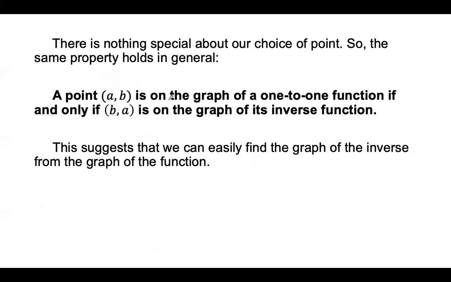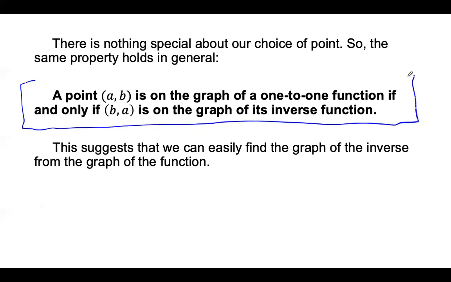A point a, b is on the graph of a one-to-one function if and only if the point b, a is on the graph of its inverse function. So you just flip the points, and that will be on its inverse function. Let's just put it in a box so you remember.